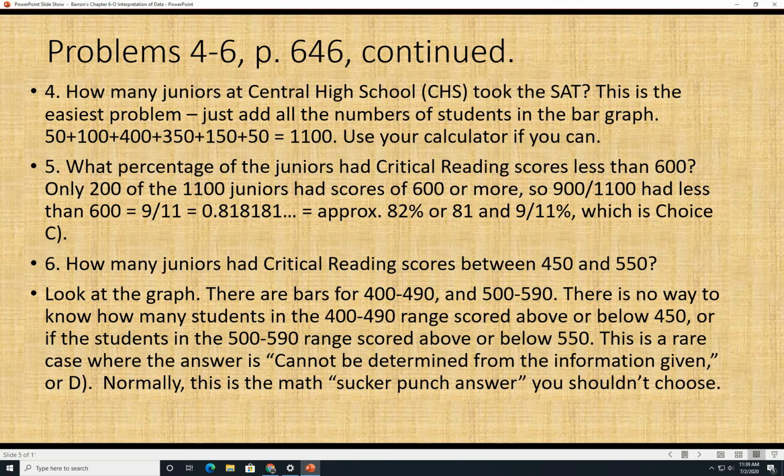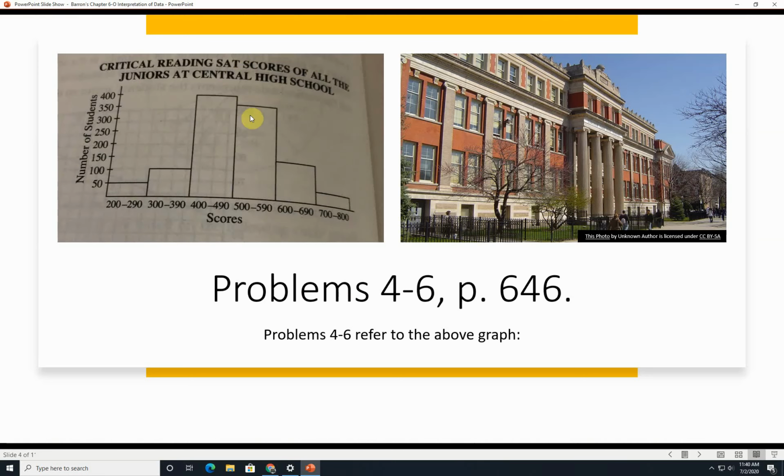All right, so problems 4 through 6. On page 646, it refers to this little chart here, critical reading SAT scores of all the juniors at Central High School. So the number of students, we see the y-axis goes from 0, presumably that's the origin, to 400, and the x-axis goes from 200 to 290 to 700 to 800, and we've got this nifty bar graph here.